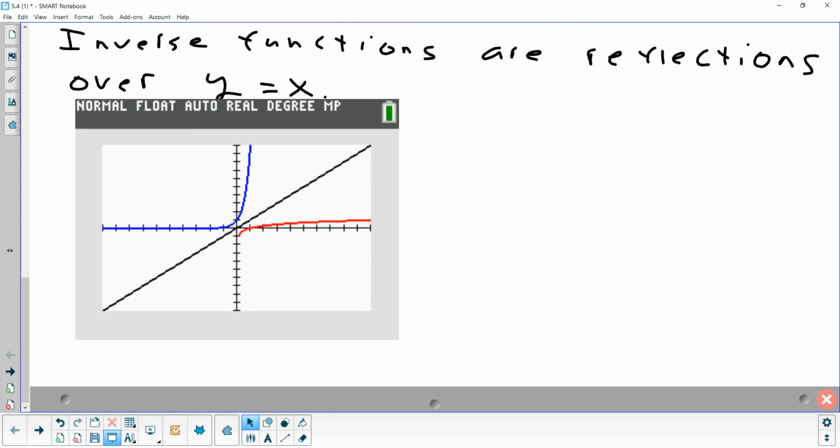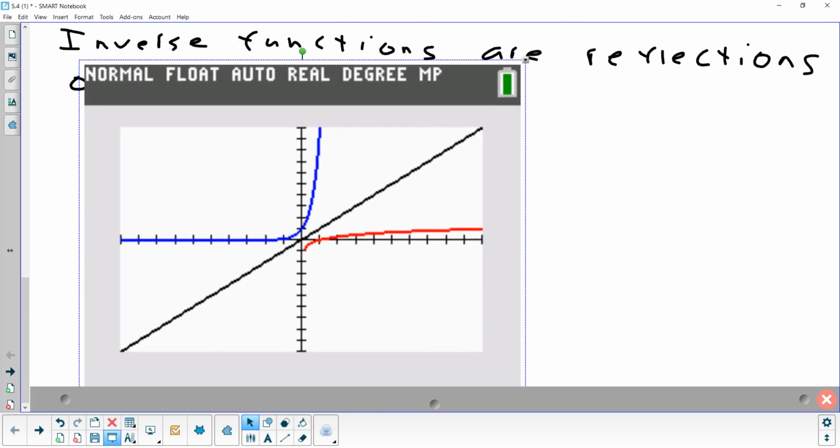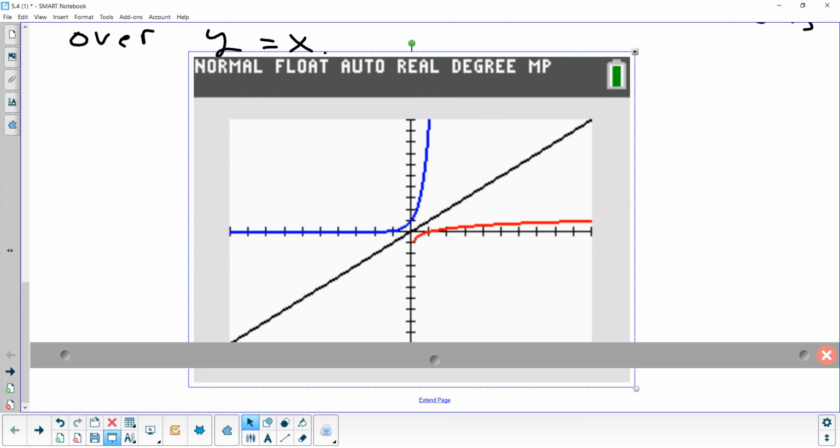Now, one thing we have to be a little bit careful about is when the calculator sketches a log function, it can't do it properly. That's how it's going to look in red when you sketch a log function. This is how it should look.